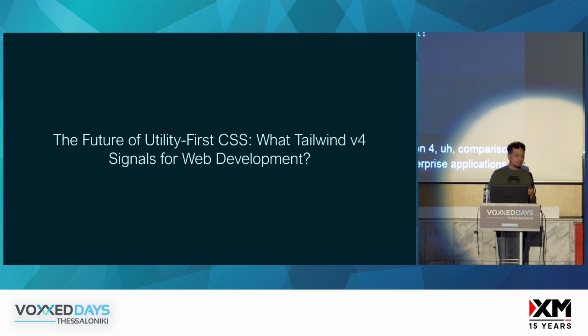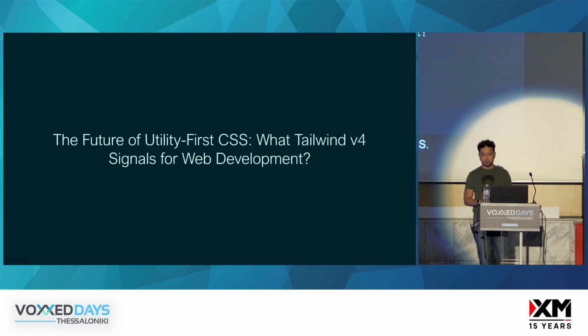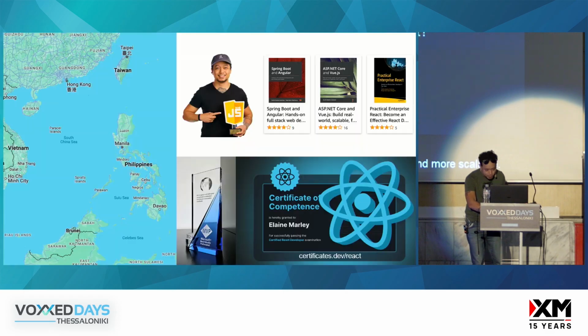We'll see why companies are moving away from traditional SASS or CSS and embracing utility-first CSS. So utility-first CSS, that's the keyword here. By the end of this talk, you'll understand how Tailwind V4 makes enterprise development faster, more maintainable, and more scalable.